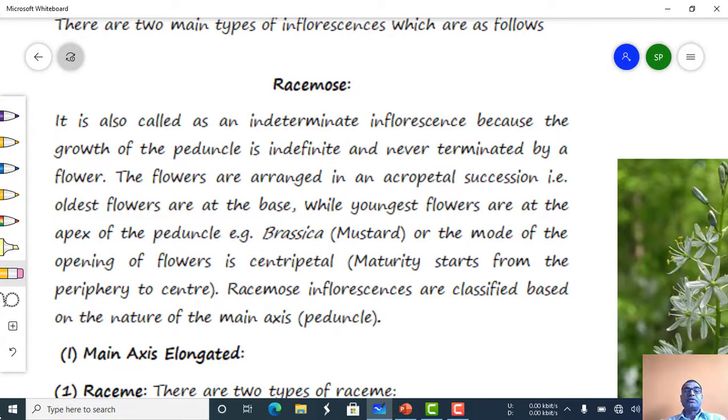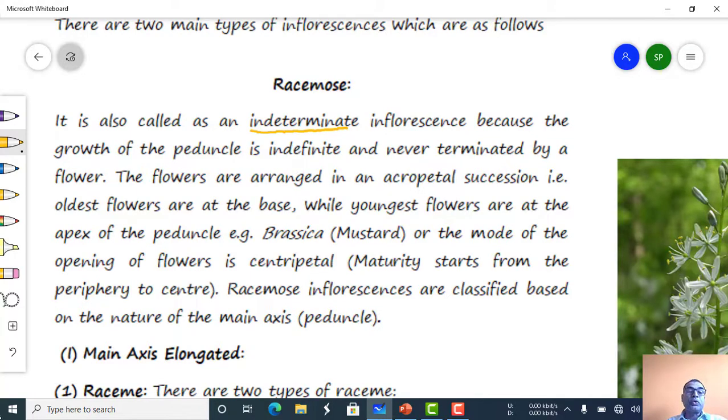Racemose inflorescence is also called an indeterminate inflorescence. Okay, what is indeterminate, or sometimes it is also called an indefinite type of inflorescence. Why is it called indefinite type of inflorescence?